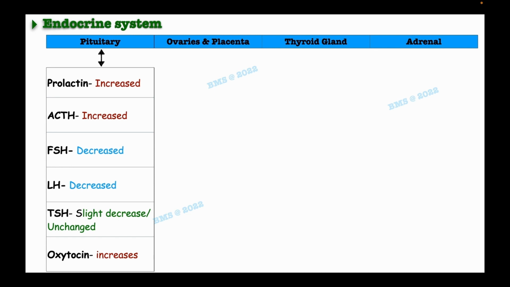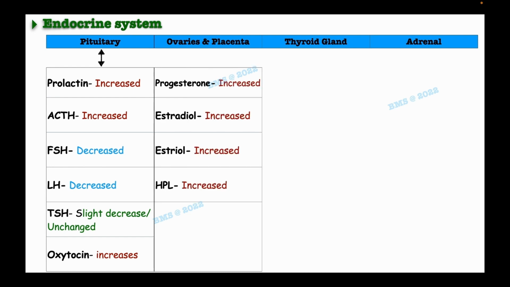And so we need the corpus luteum because it produces progesterone, and this progesterone maintains the endometrium during pregnancy. Now, eventually the placenta develops and takes over the production of progesterone, and the corpus luteum eventually degrades into the corpus albicans. And so the progesterone levels increase throughout the course of pregnancy.